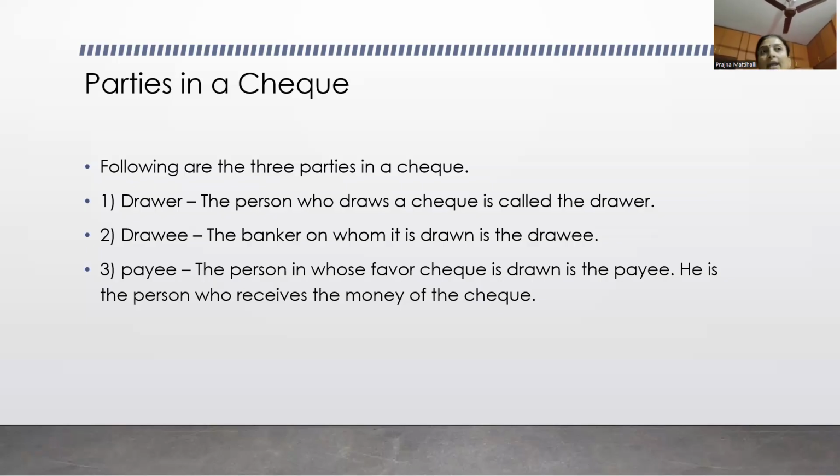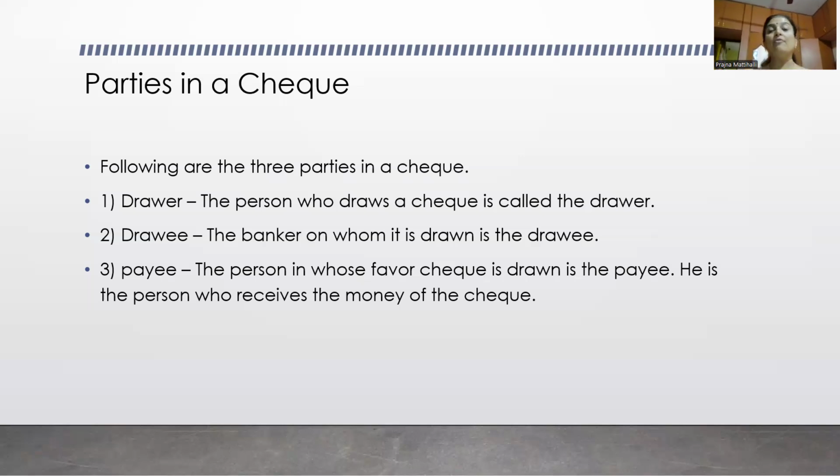All the banks nowadays get it printed, and so they will be the drawees of that particular check. And the payee means the person in whose favor the check is drawn, whose name is written on the check. The payee is the one who gets the money, the amount of the check.